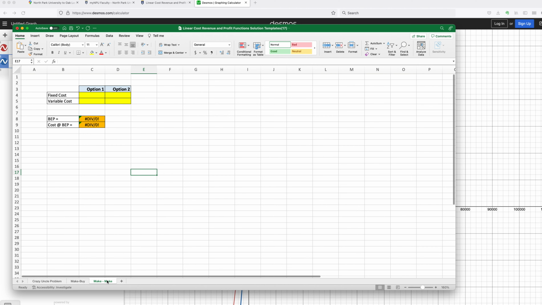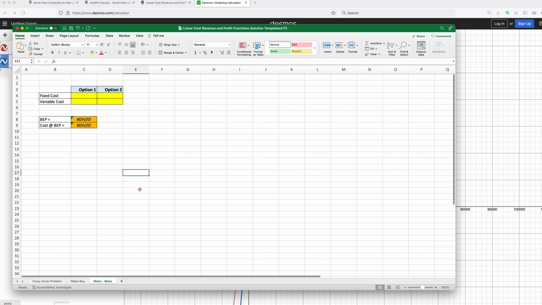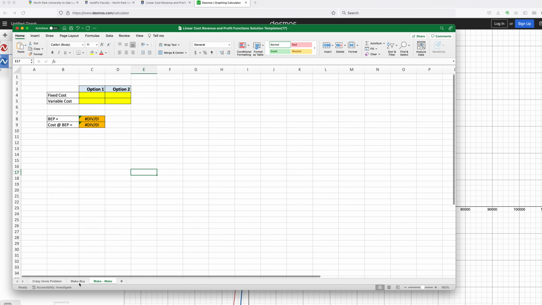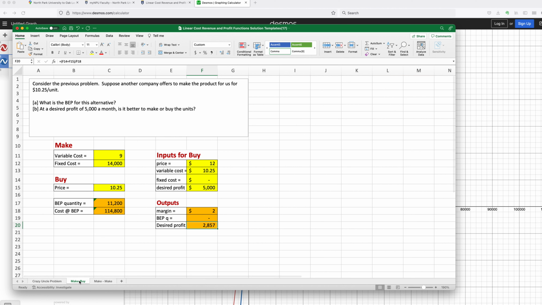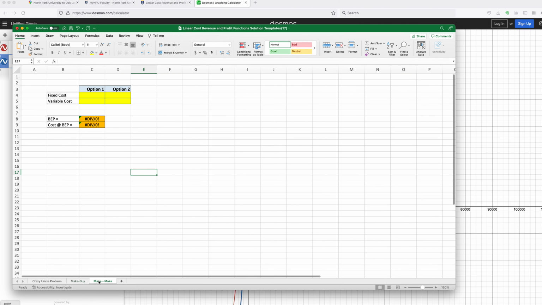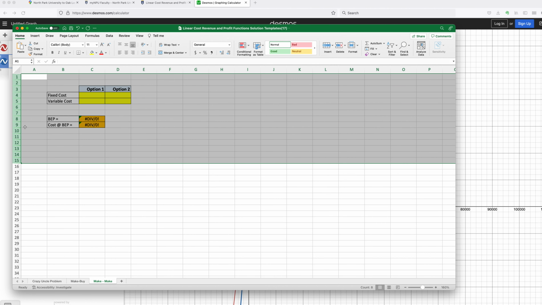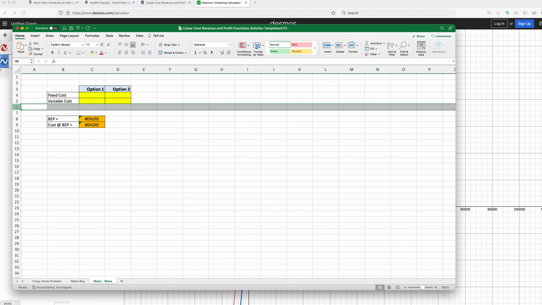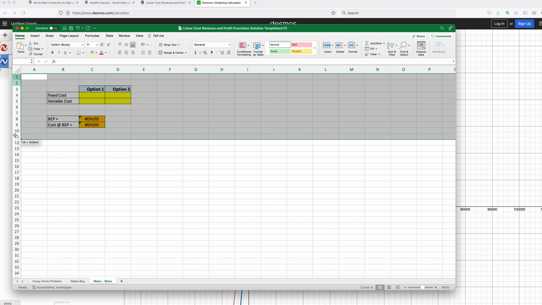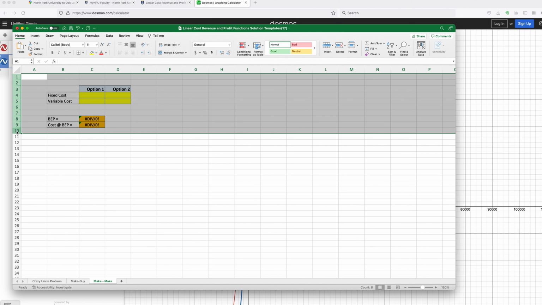Okay, last one is a make problem. Let's use the same problem. We'll say consider the previous problem, and what would that be? So let's add some space here. Insert.